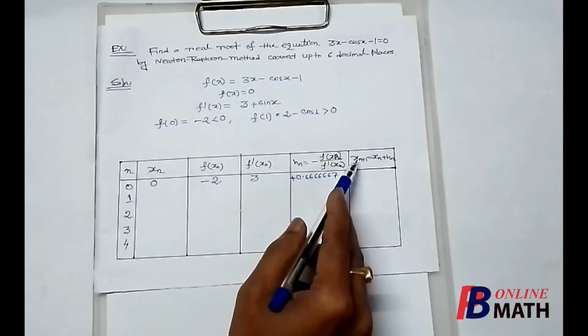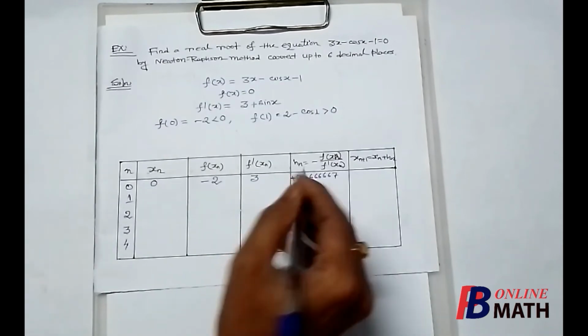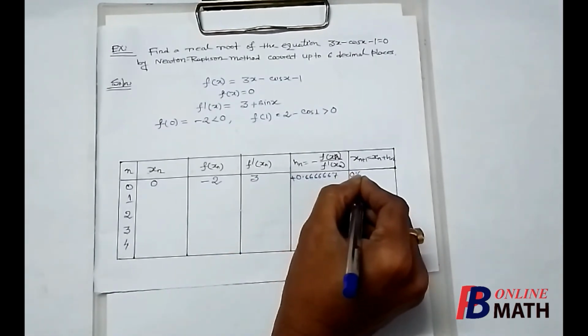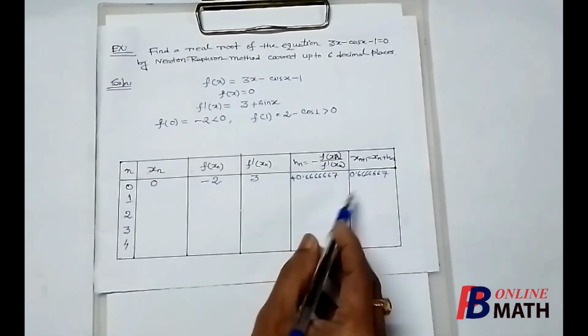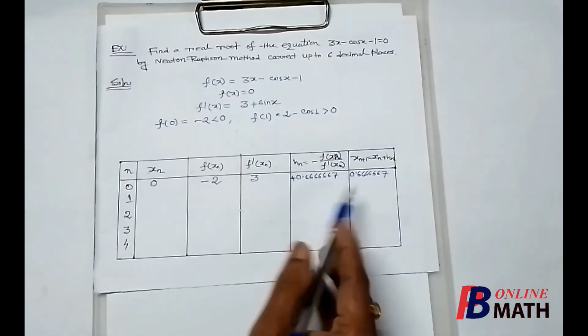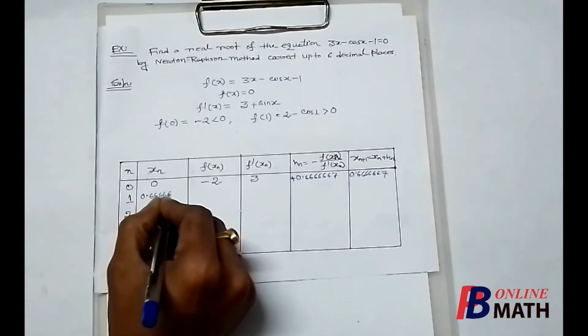Now xn plus 1 is xn plus hn, which is again 0.666667. So this will be the next approximation. So here we write 0.666667.